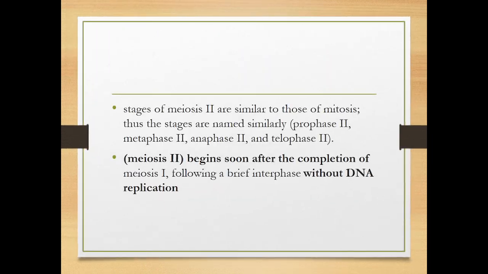The stages of meiosis 2 are just similar to those of mitosis. I gave you an assignment in the previous class to research what mitosis is. You have prophase 2, metaphase 2, anaphase 2, and telophase 2.